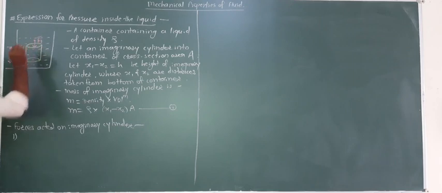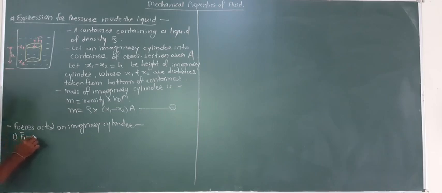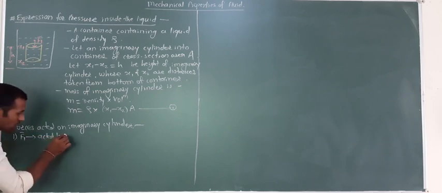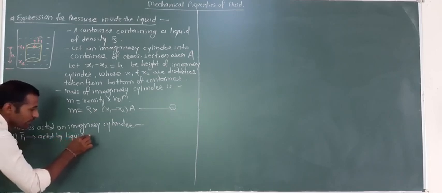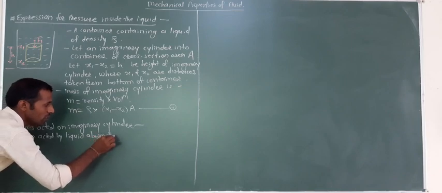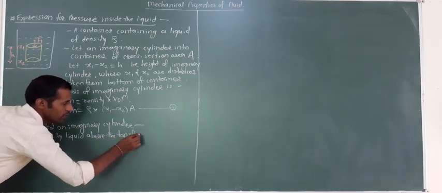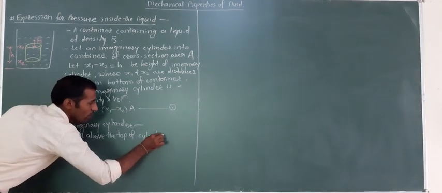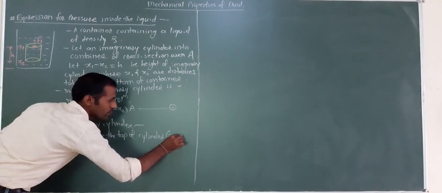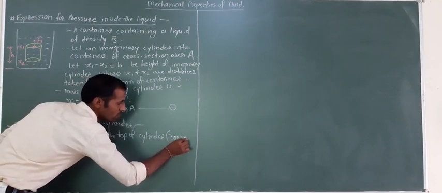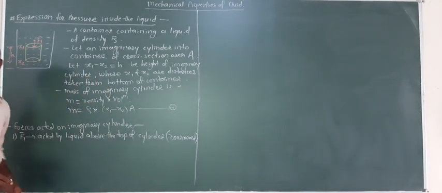Suppose that force is F1. F1 is the force exerted by the liquid above the top of the cylinder, and this is a downward force, vertically downward.